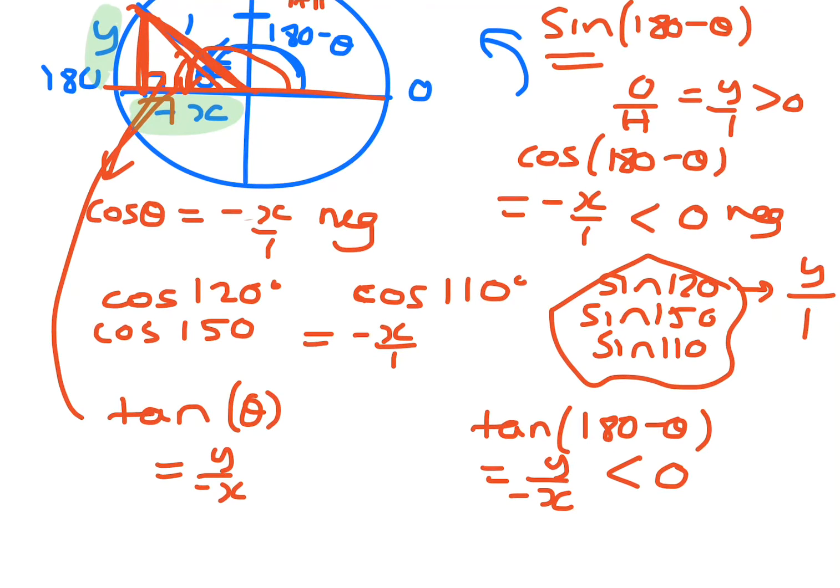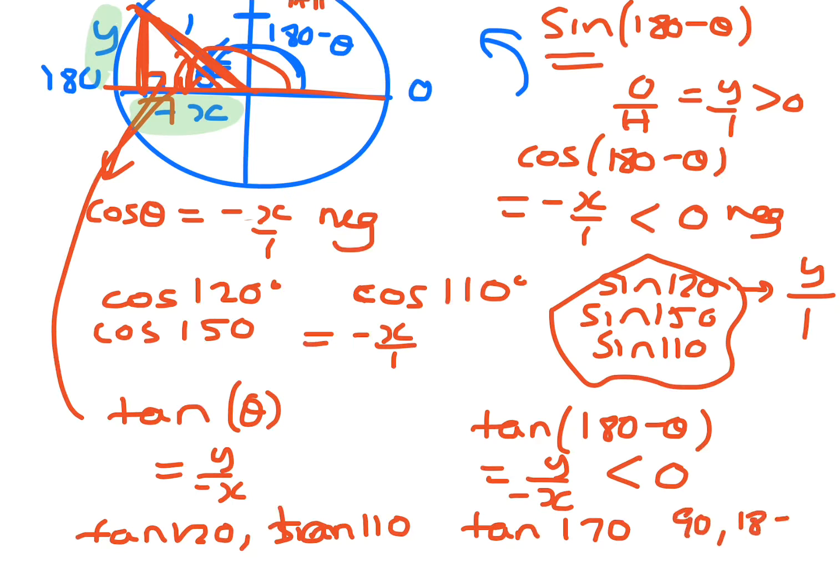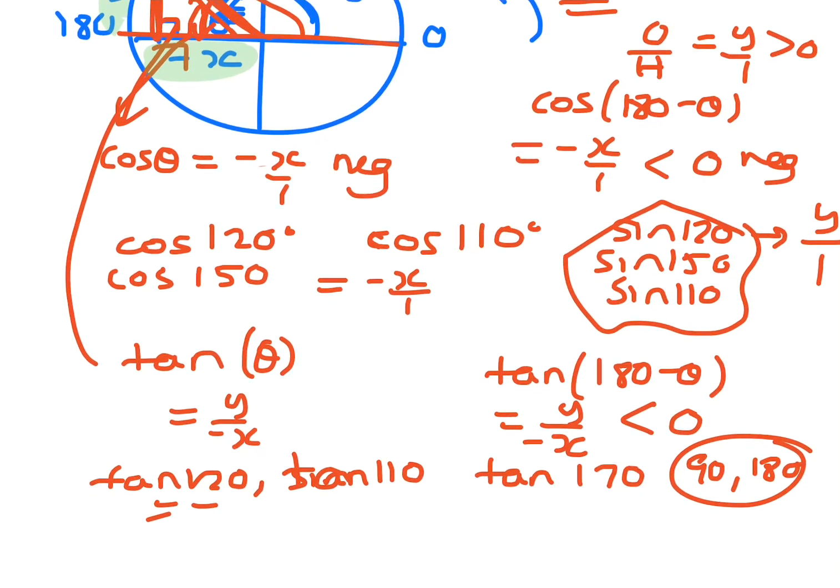And the same as cos, if you got tan of 120, tan of 110, tan of anything in that quadrant, so between 90 and 180, you'll always get a negative value. So tan of 120 equals minus 1.73. So it is negative.